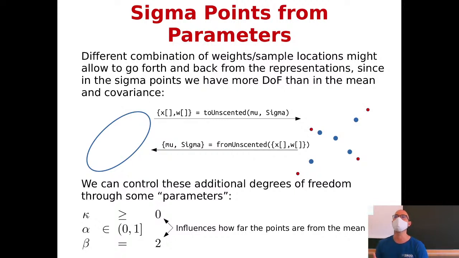Because if you have 2n sigma points, 2n control points, this is the number of points. Each point has n degrees of freedom, which are those contained in the sample vector x. Then you have 2n squared free parameters plus n, because there are 2n plus 1 control points. Okay? And you have a lot of them.